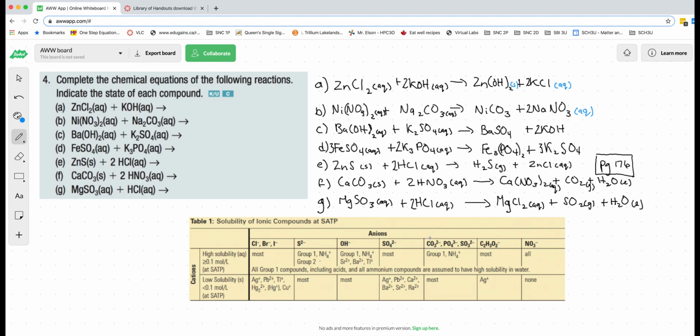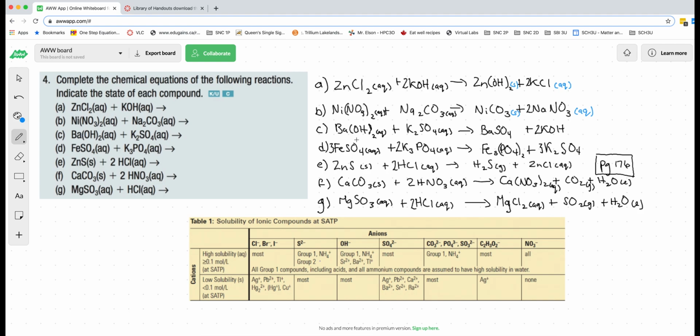So you can automatically add that. So let's test carbonate. Carbonate, when paired with nickel, it's not in group 1 and it's not ammonium, so it falls under the most, which means low solubility. So this one is going to be a solid. When we are combining these two compounds in a beaker, you are going to get a precipitate formed and an aqueous sodium nitrate just floating around as spectator ions.